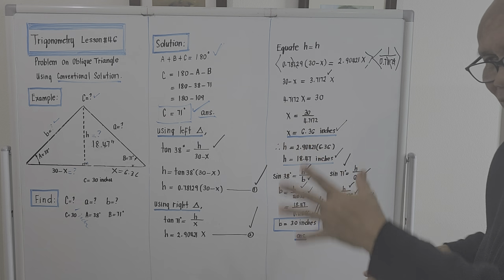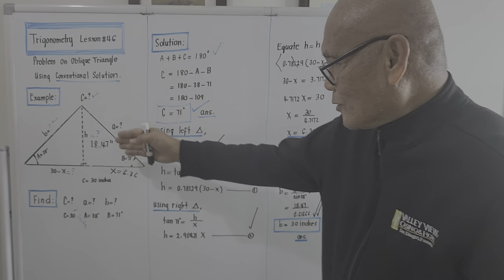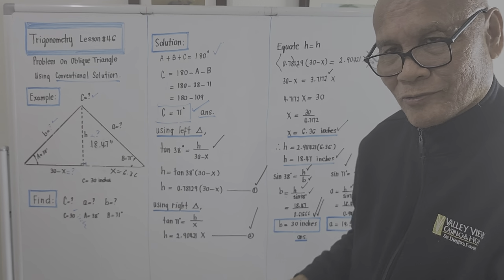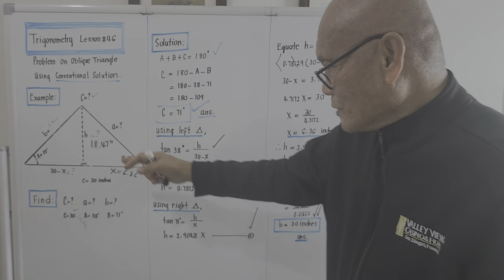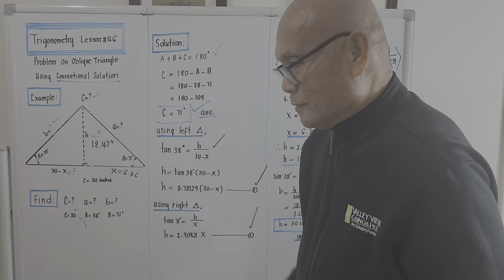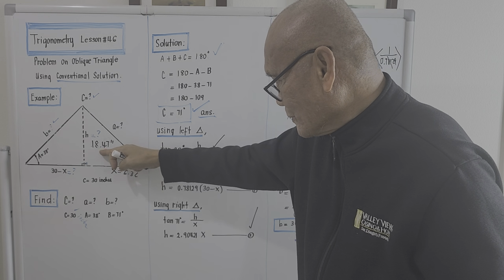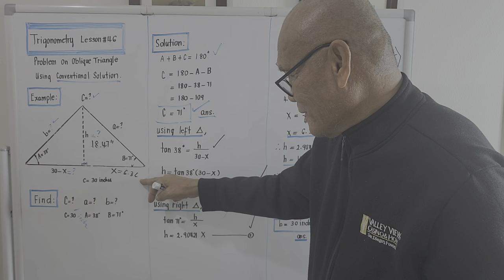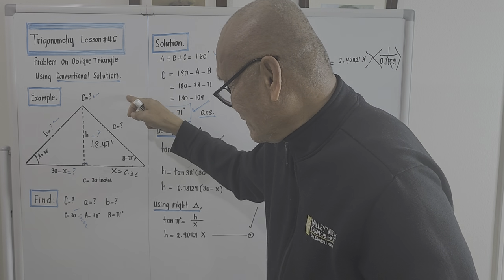You try to subdivide the given oblique triangle into two right triangles, then use your knowledge of the definition of the functions. You try to make a representation of the unknowns. So we represent this as x. We computed it, 18.47 is h, and x is 6.36, to compute for the value of b and a.